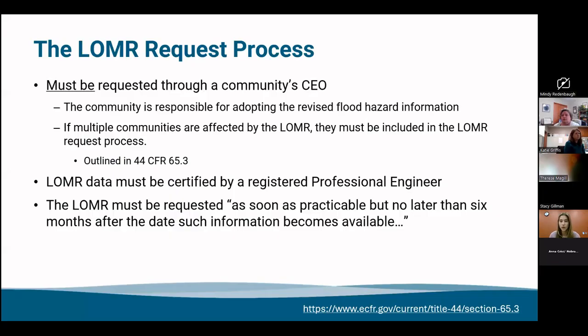The community is also responsible for adopting those revised flood hazard maps or flood hazard information once the map revision is effective. If multiple communities are affected by the letter of map revision, they have to be included in this request process that is outlined in the Code of Federal Regulations. All impacted communities have to be involved in the process.